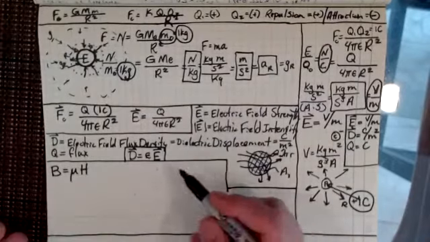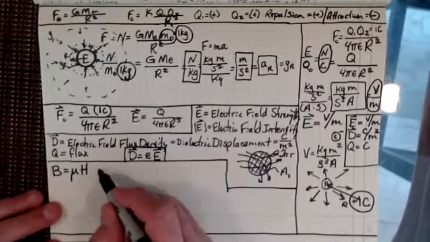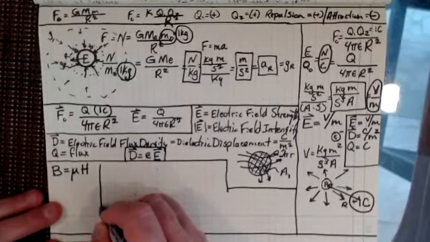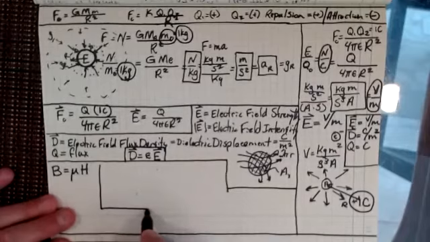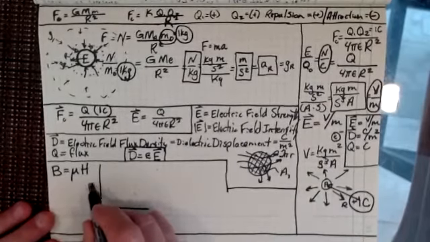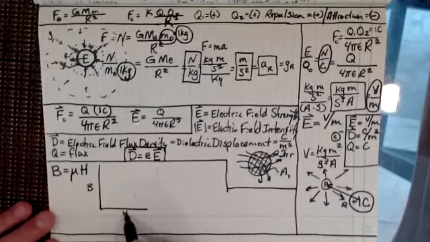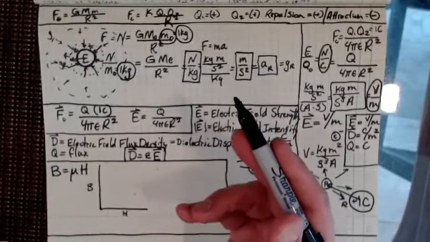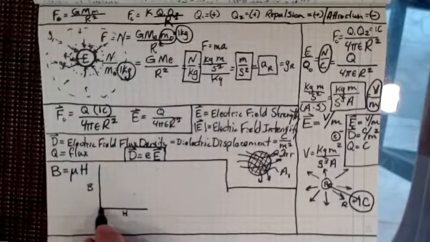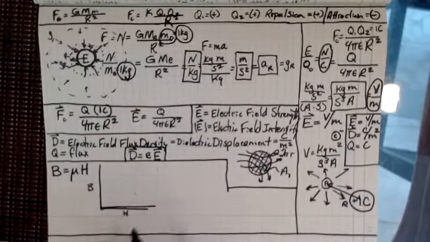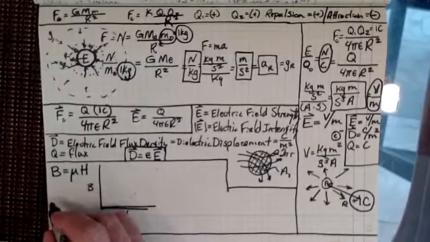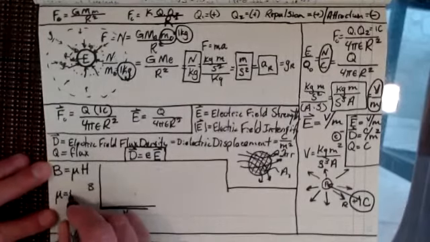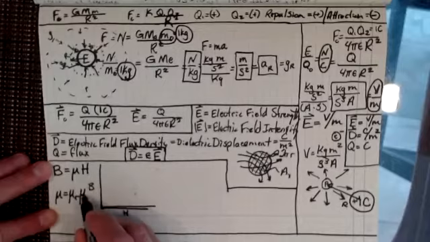If I was to look at the magnetization curve for a couple different things, let's just look at a BH curve. If this is B, this is H. Now, if I look at a BH curve for most things, it would look something like this. It'd be way down here, wouldn't it? Because usually when we think about mu, just like the way we thought about epsilon, there's a relative permeability times an absolute permeability.